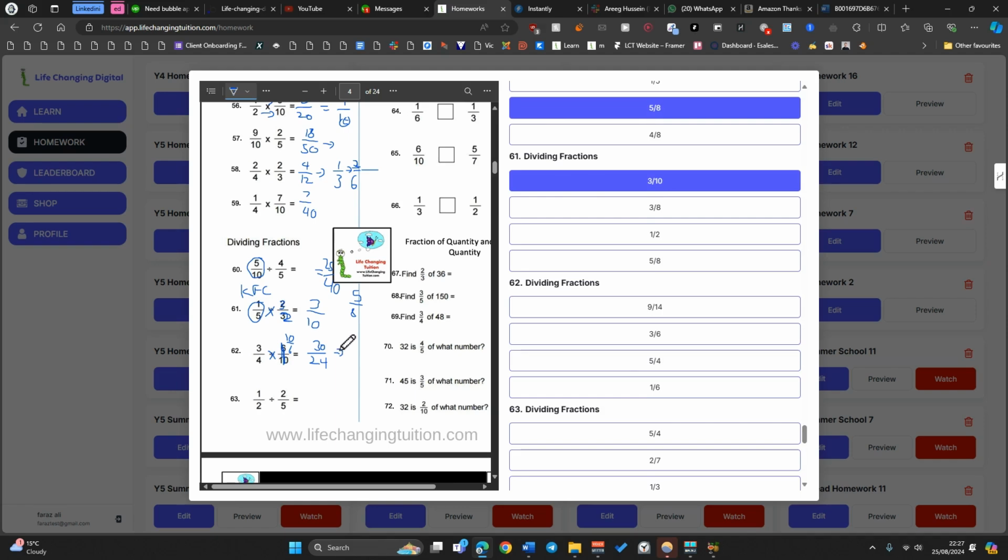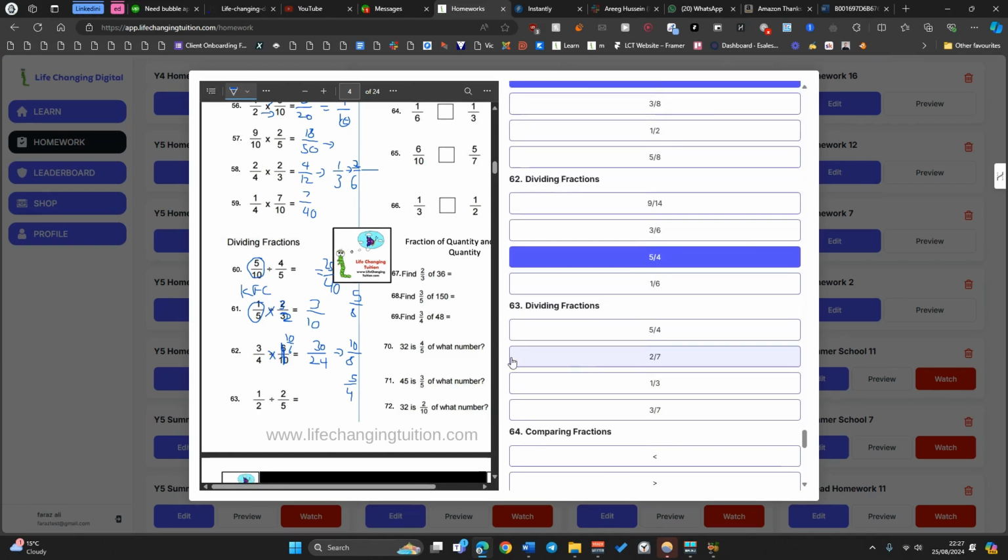We can use the number 3, so 3 goes into it 10 times, and 3 goes into the bottom one 8 times, 10 over 8. Question 62, 10 over 8, it's not there, let's simplify it more. 2 goes into 10 5 times, and the bottom one 4 times, so 5 over 4. That's the answer here. Question 63.